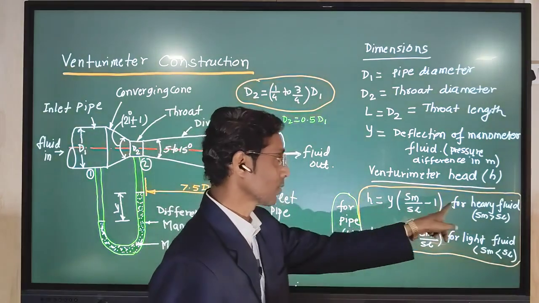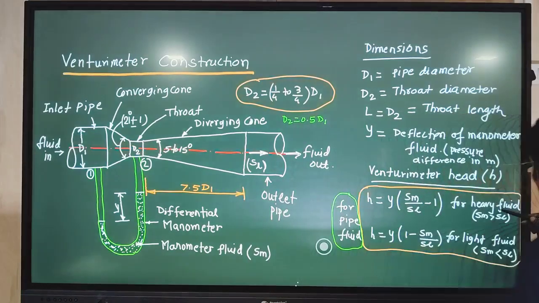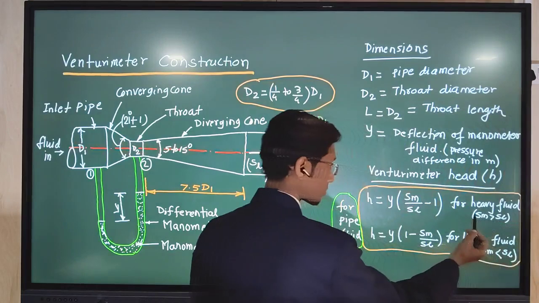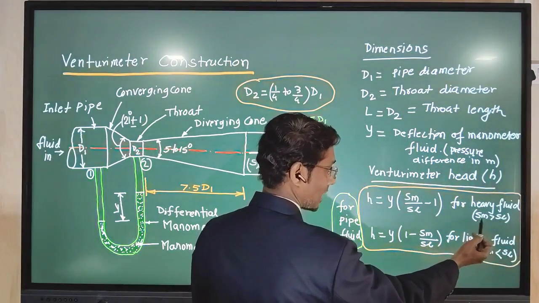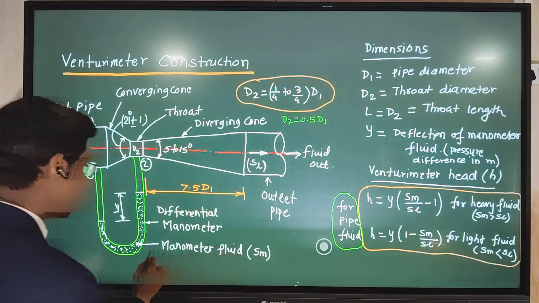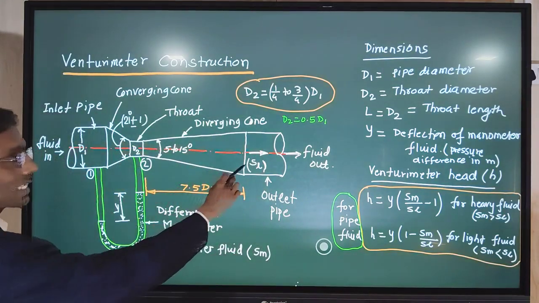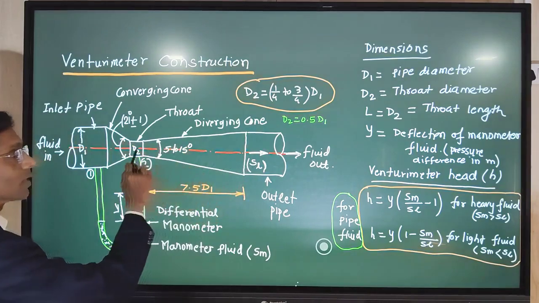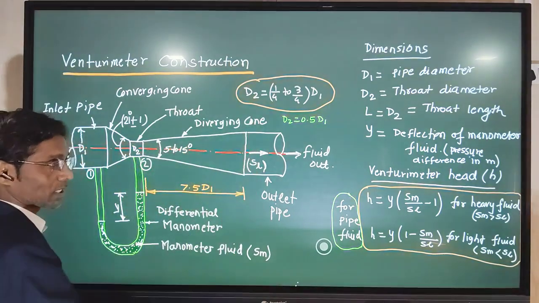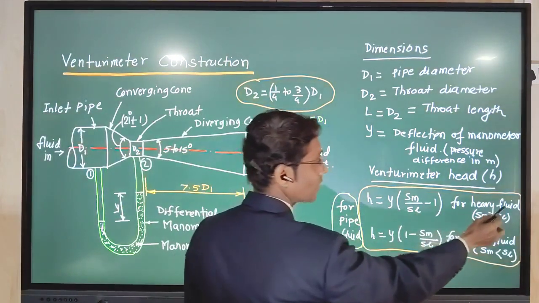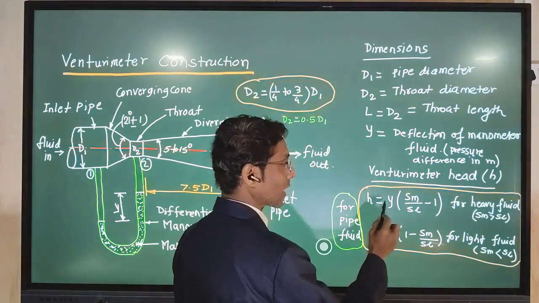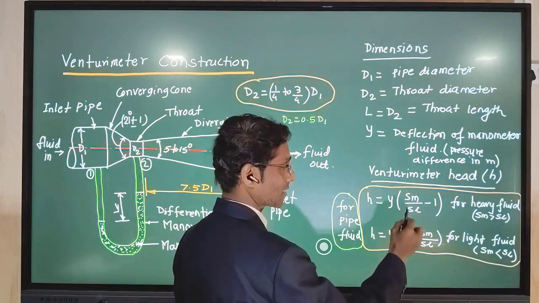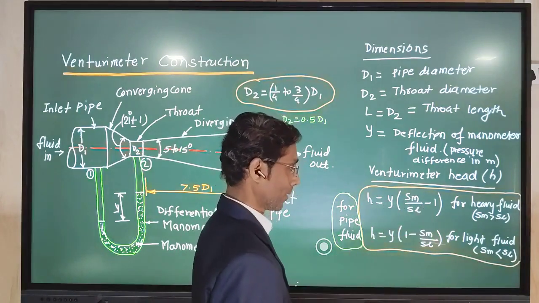As per the two types of fluids we have discussed, for a heavy fluid like mercury, SM means the specific gravity of the manometric fluid, and SL means the specific gravity of the liquid passing through the pipe section. For a heavy fluid, SM is greater than SL, and H is equal to Y into bracket SM by SL minus 1.